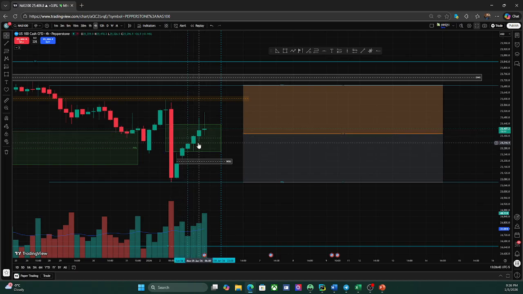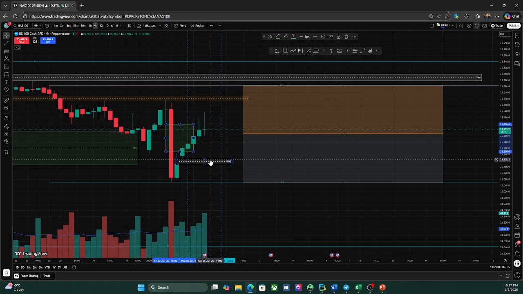It doesn't exist anymore, right? So because this gap is already displaced and mitigated, the price will come down to the weekly opening gap, and there is a high probability that it will go up to find the next liquidity level, which is the previous week high, right?